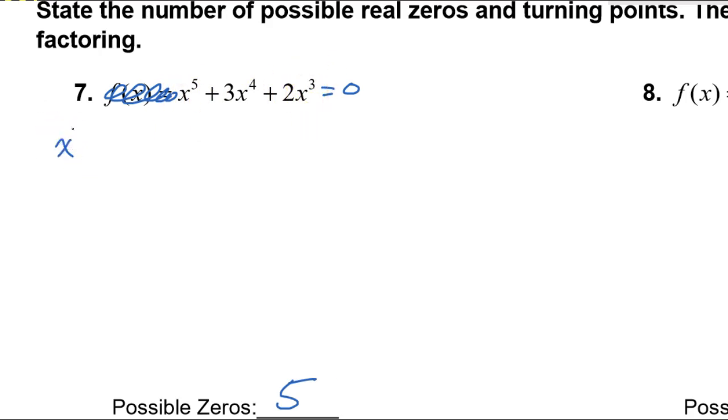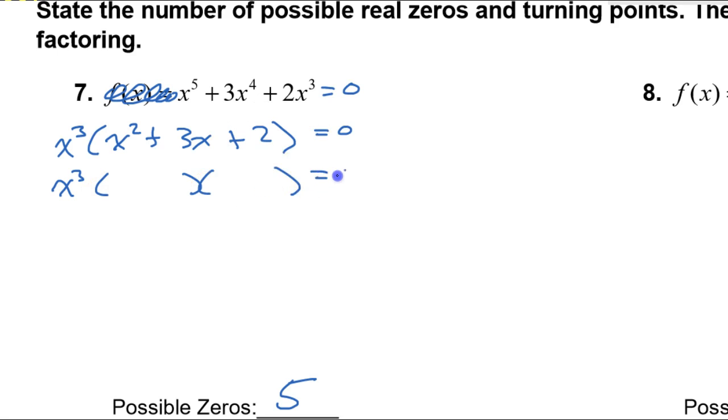So I will put x to the 3rd power out front. That's going to leave me with x squared plus 3x plus 2 on the inside.